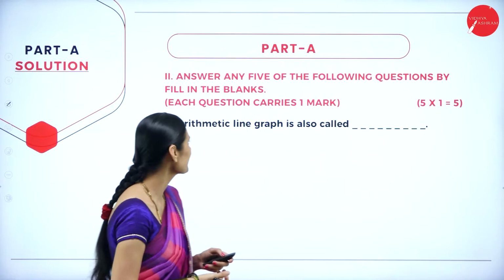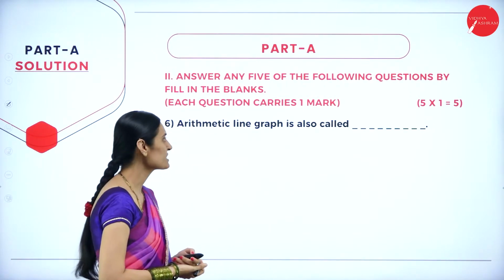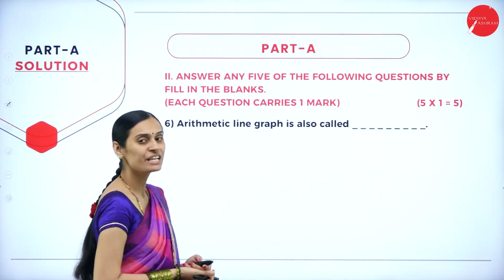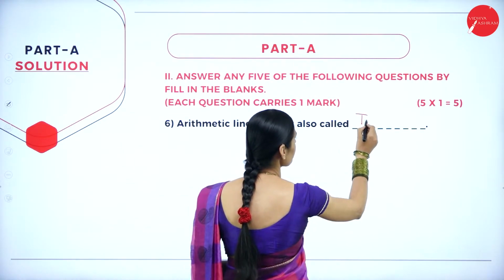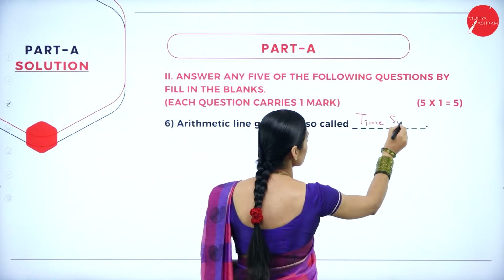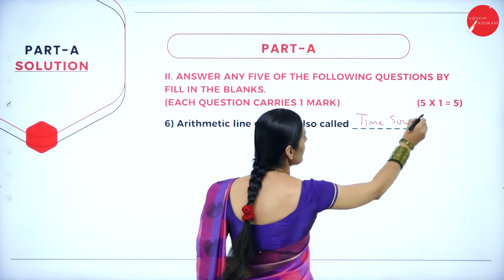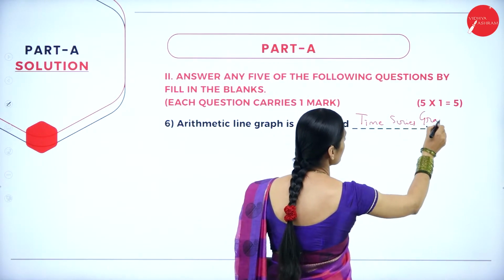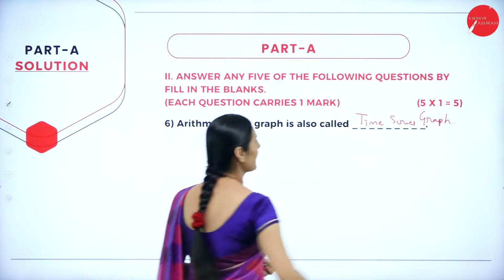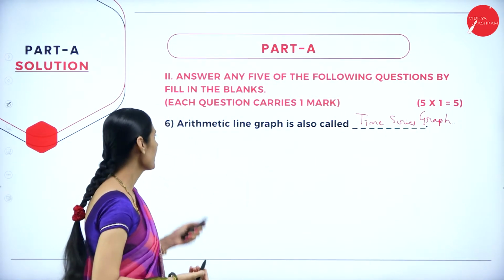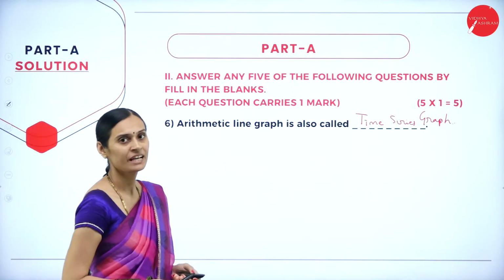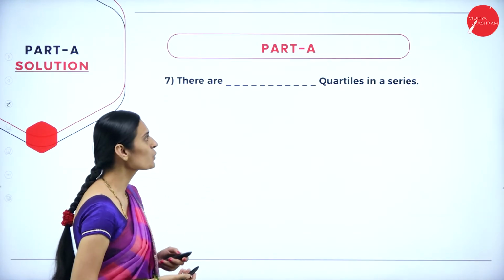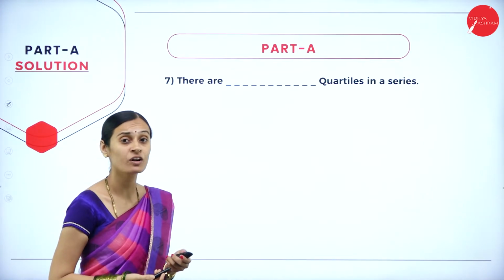And next, coming to filling the blanks. Arithmetic line graph is also called time series graph. Answer: arithmetic line graph is also called time series graph. Next, there are dash quartiles in a series. How many quartiles?